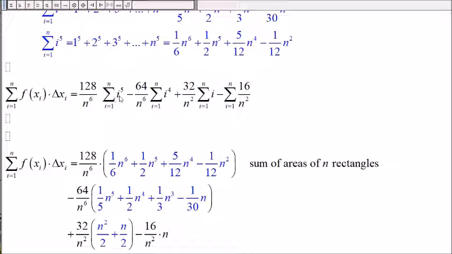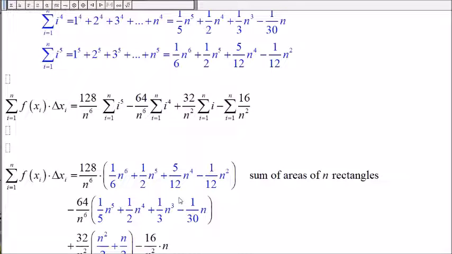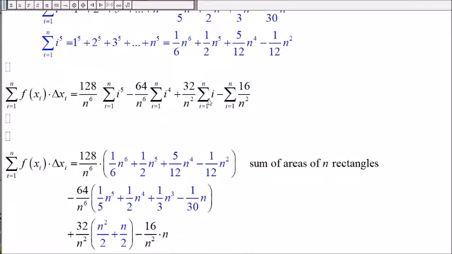In the place of the summation of i to the fifth, we have 1/6 n to the sixth plus 1/2 n to the fifth plus 5/12 n to the fourth minus 1/12 n squared. In the place of the summation of i to the fourth, we have 1/5 n to the fifth plus 1/2 n to the fourth plus 1/3 n to the third minus 1/30 n. And then the last one we need is the summation of i, which is n squared over 2 plus n over 2.